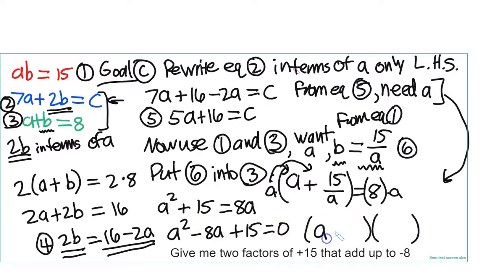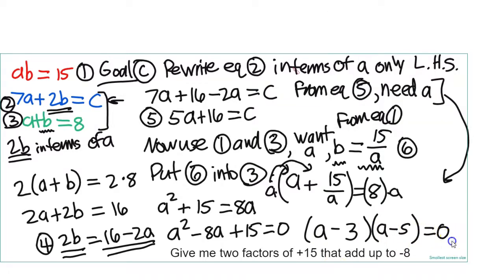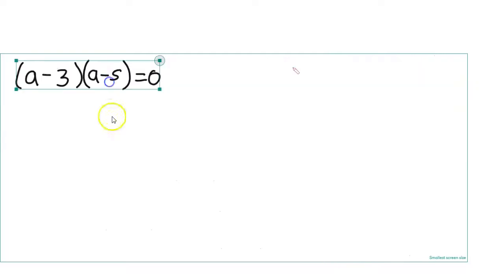So you're saying A minus 3 and A minus 5 equals 0, right? So those are the 2 binomial factors. A minus 3 times A minus 5. Okay, so it turns out, believe it or not, we're actually very, very close. What are the 2 values that A could be? Yeah, A equals 3 or A equals 5.